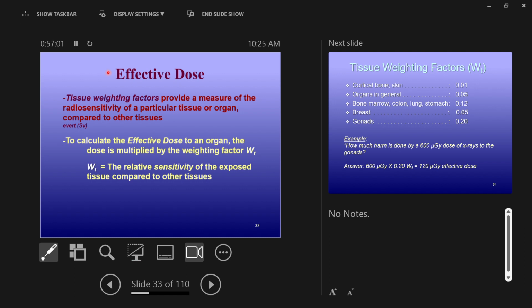All right, the next thing to learn is effective dose, as I said. Effective dose takes into account everything we just talked about: how much exposure, how much absorbed, and what type of radiation, giving you a dose equivalent. Knowing all of that, you add on what type of body tissue, okay?